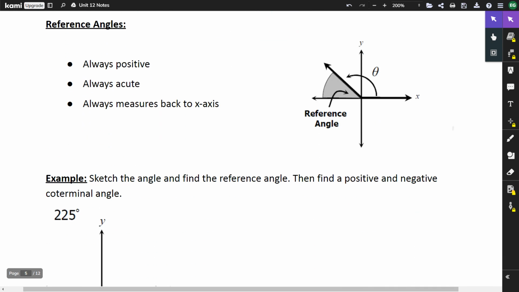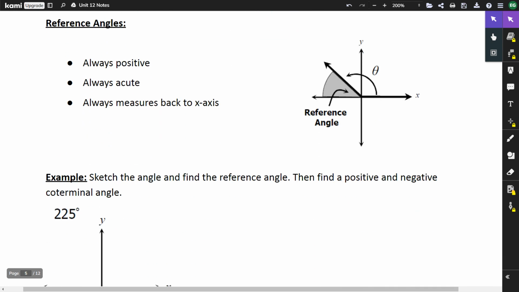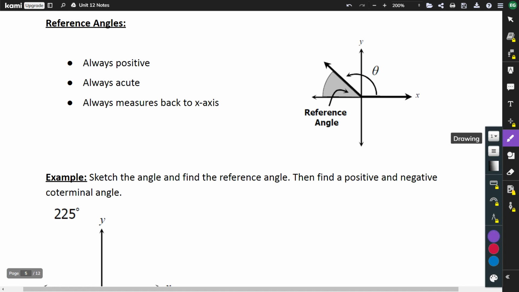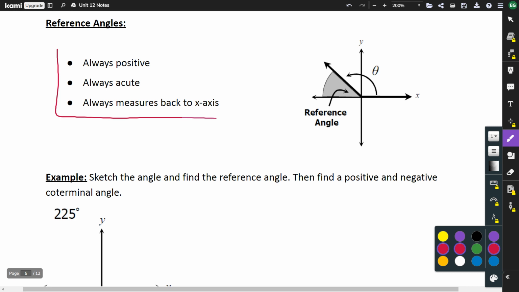The other type of angle that we want is going to be called a reference angle. Now, these are the rules for reference angles. They have to be positive, acute, right, so less than 90, and they always have to measure back to the nearest x-axis.